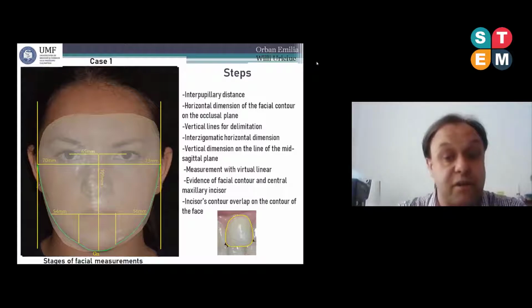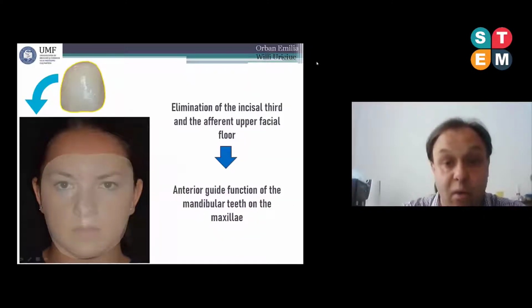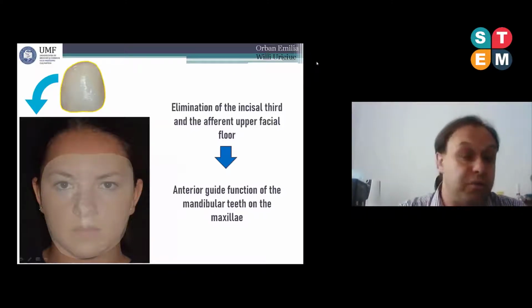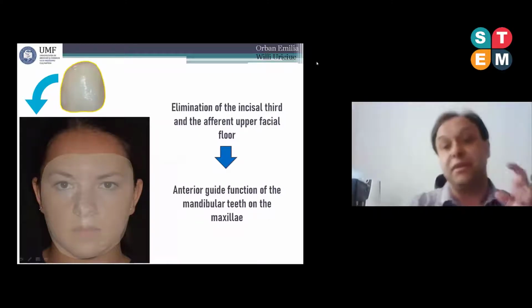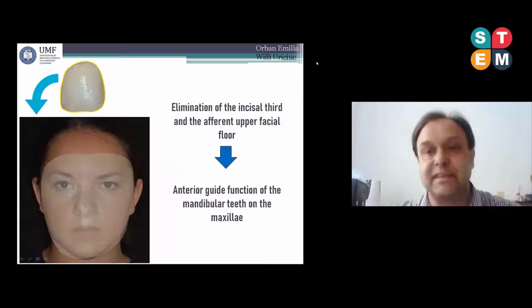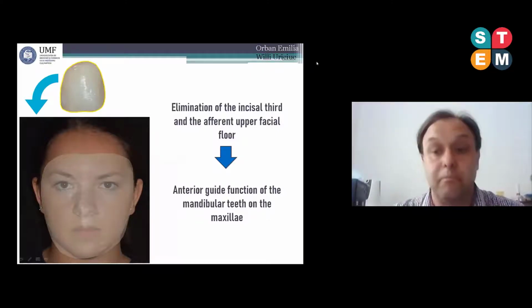There we have the tooth of the patient, and on the left we have the face and the overlap. Now we must eliminate the incisal third and the afferent upper facial floor, the anterior guide function of the mandibular teeth on the maxilla. Why? Because the dimension from cervical to incisal measurement is functional.